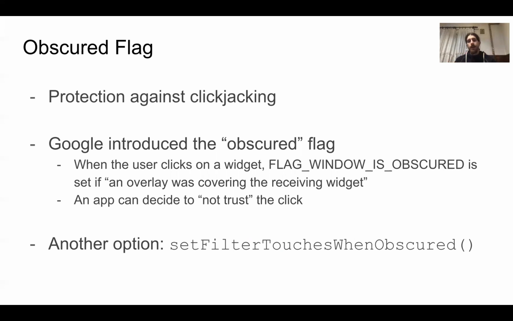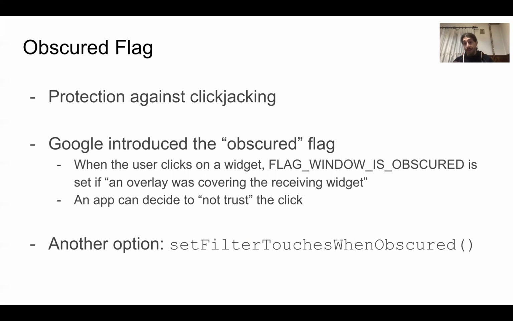So in a normal situation you have the OK button and it is not covered by anything. Once the user clicks on this, the button receives the click event, and the FLAG_WINDOW_IS_OBSCURED is not going to be set. The application can check this flag and decide: okay, the flag is not set, which means there was no overlay on top, which means everything should be fine.